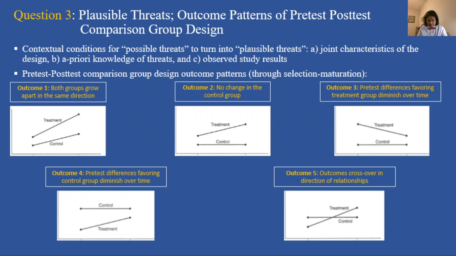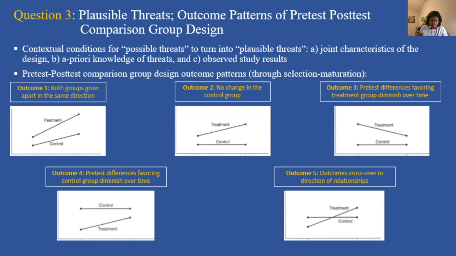The first outcome is both groups grow apart in the same direction, albeit at different average rates. This pattern is termed the fan spread model of maturation. Of course, standardization of the scores across groups will make the fan spread disappear. If such differences between groups are due to selection maturation, then within group differences may also be seen and should be checked for.